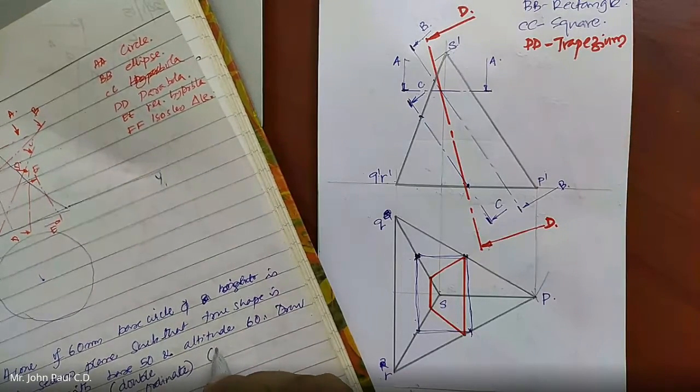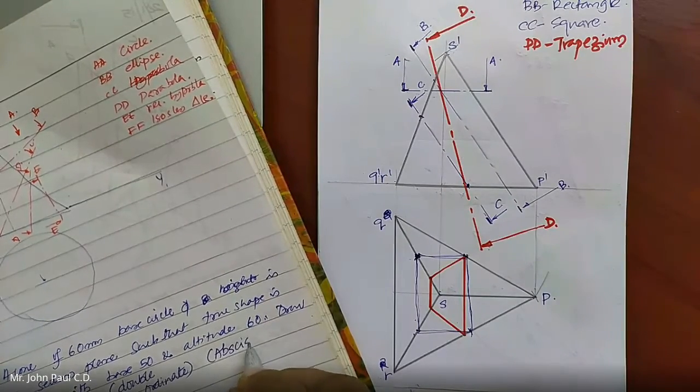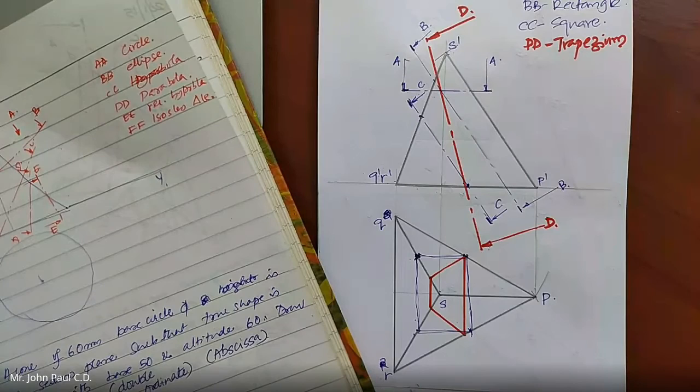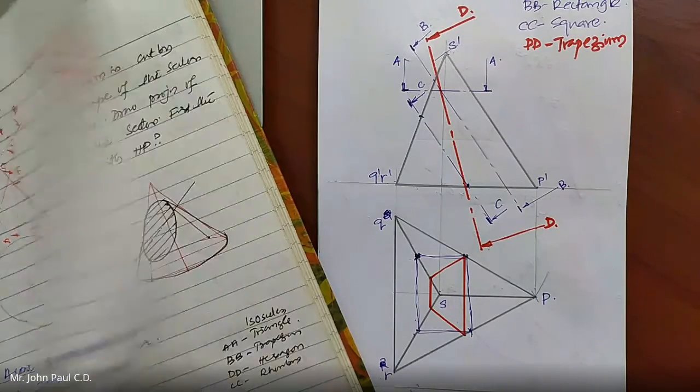And the altitude is named the abscissa. Clear or no? Whatever we have written as base is actually the double ordinate, and altitude is the abscissa. Clear? Yes, sir. So when a question is asked like that, you don't get confused.